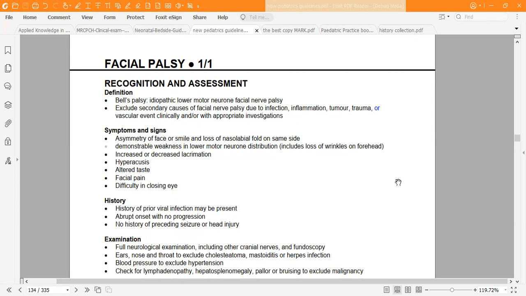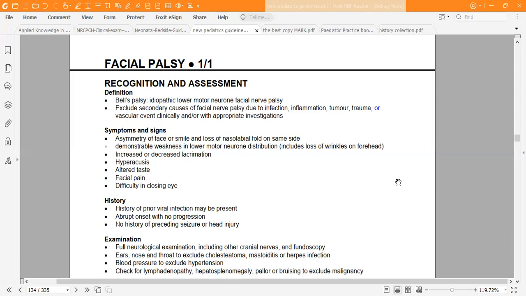You have to exclude secondary causes of facial nerve palsy, whether it's due to infection or inflammation, tumor, trauma, or vascular event, clinically and or with appropriate investigations. So you have to put all this in mind. It could be idiopathic, or due to infection, inflammation, tumor, trauma, or vascular event.